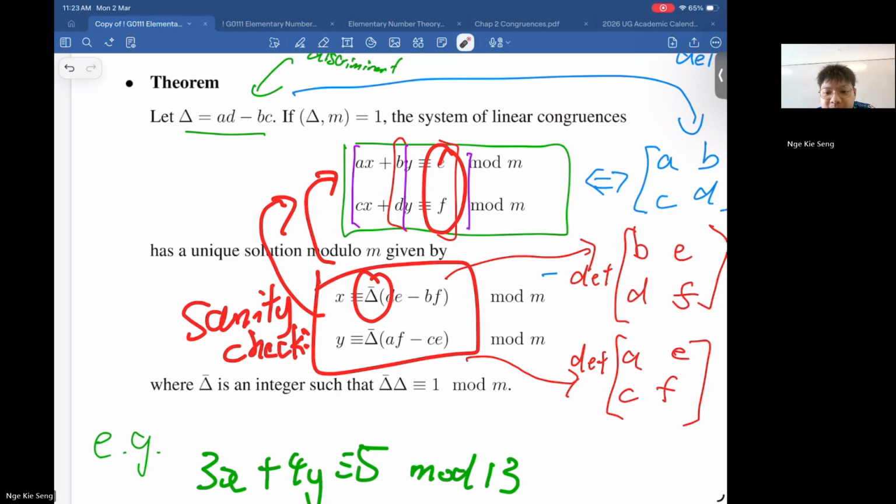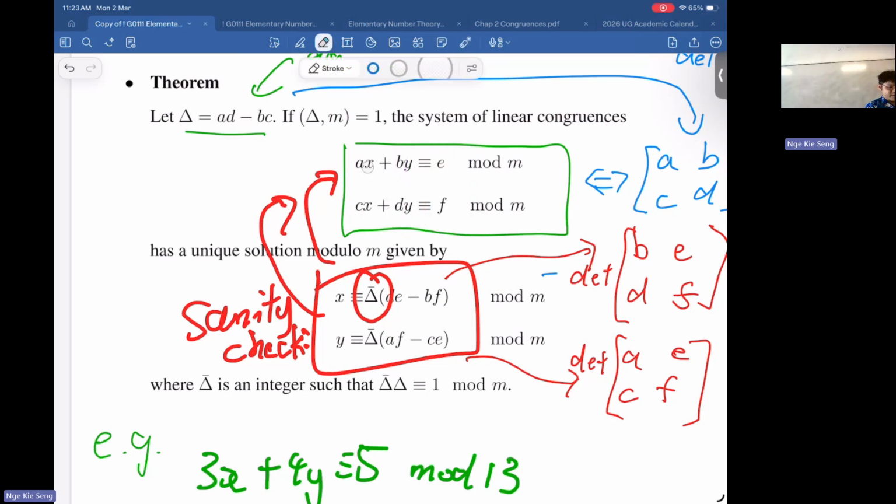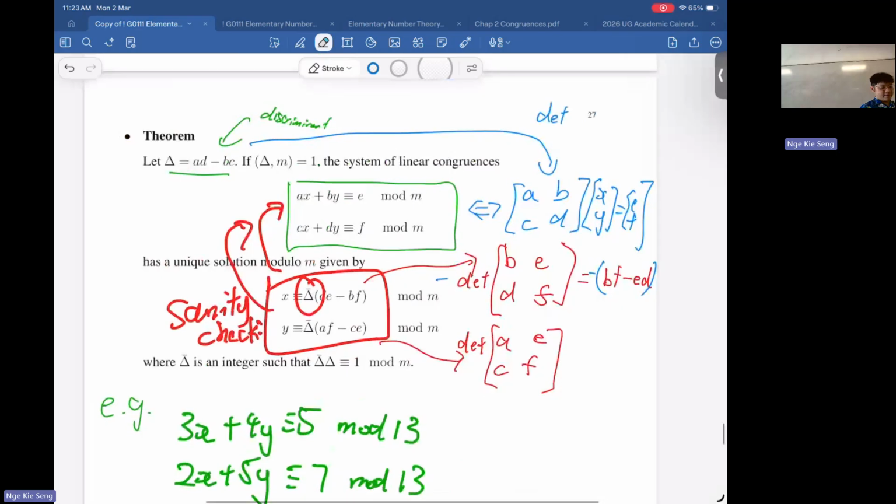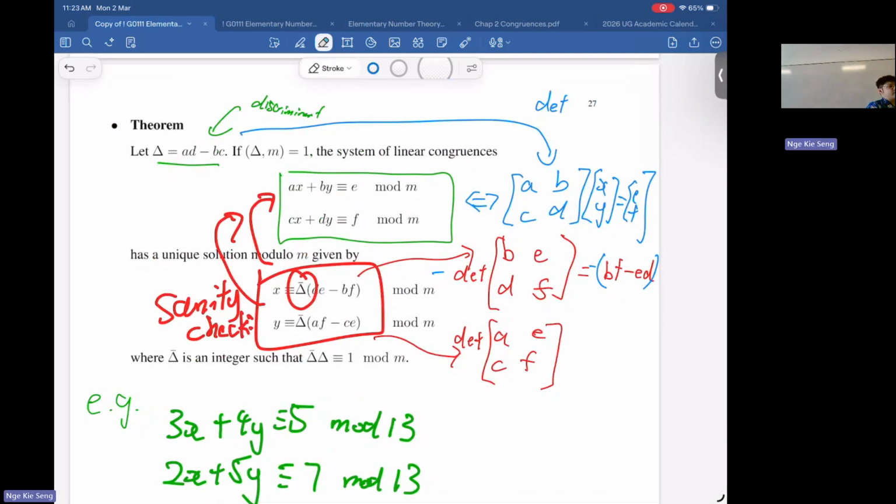Let's see. Oh yeah, sure. Someone mentioned Cramer's rule. So you can think of this like Cramer's rule. Yes, that's right. What does Cramer's rule do? It tells you when the matrix has the inverse, right? And so you can think of it like you're taking the inverse of A, B, C, D, put it together. Does it make sense? So it kind of provides the inverse of this matrix here.